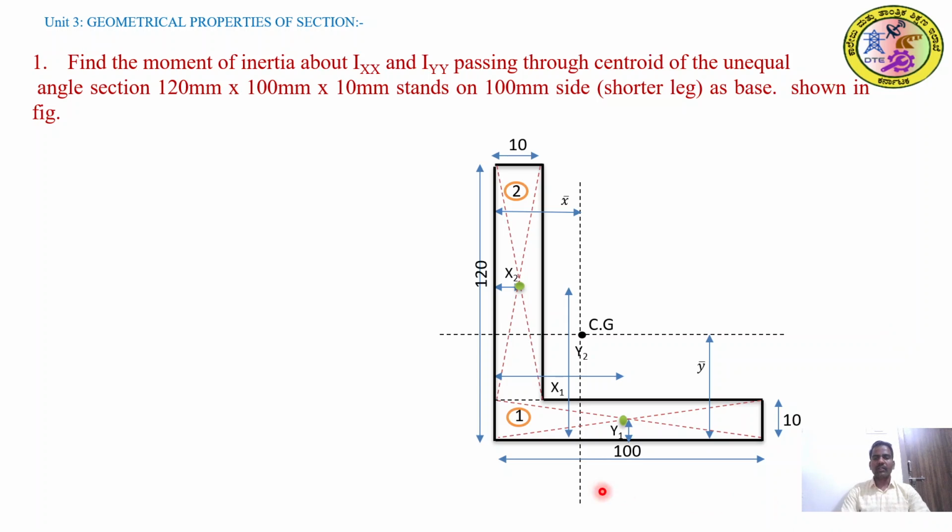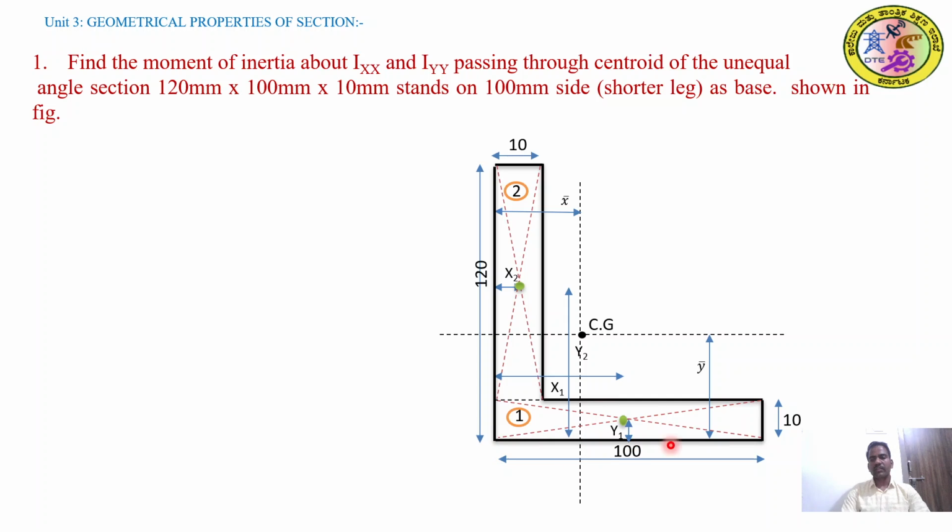In the L section, the bottom flange width is 100 millimeter, that is the base, and the vertical height is 120 millimeter, that is the overall depth of the L section, and the overall thickness of the L section is 10 millimeter. Before finding the centroid for the L section, first we need to divide the L section into two rectangular sections.